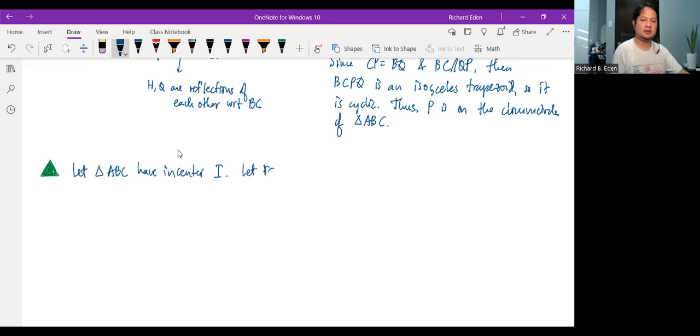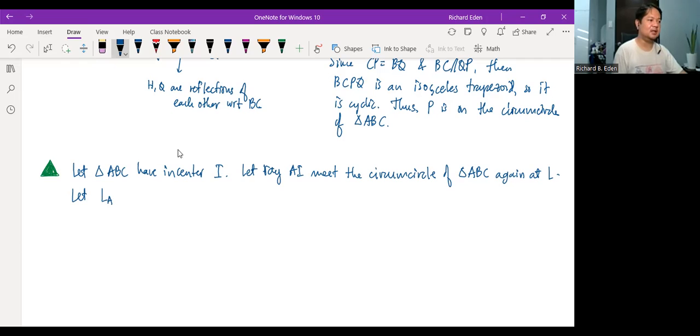Let ray AI meet the circumcircle of triangle ABC again at point L. And then let L sub A be the reflection of I over, or with respect to, L. Okay.